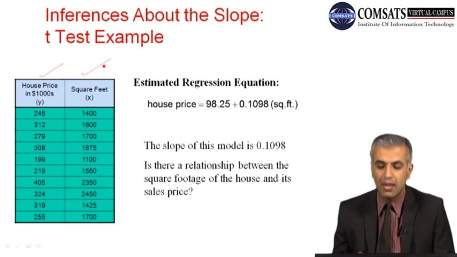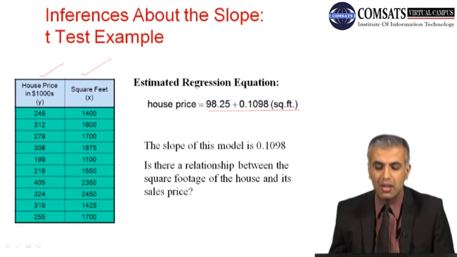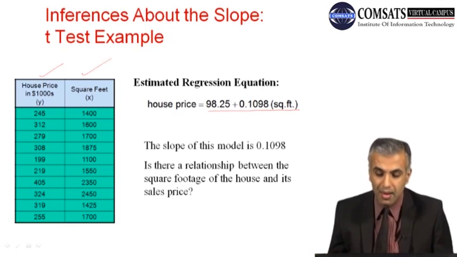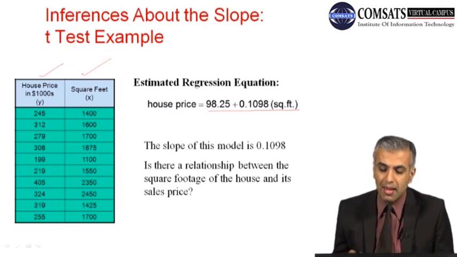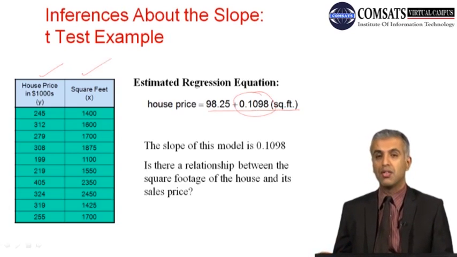We discussed that this was the estimate we calculated from the data given to us, and this is the estimated regression equation in this case. Here you can see that the slope of the model is 0.1098. Now the question is, is there a relationship between the square footage of the house and sale price?